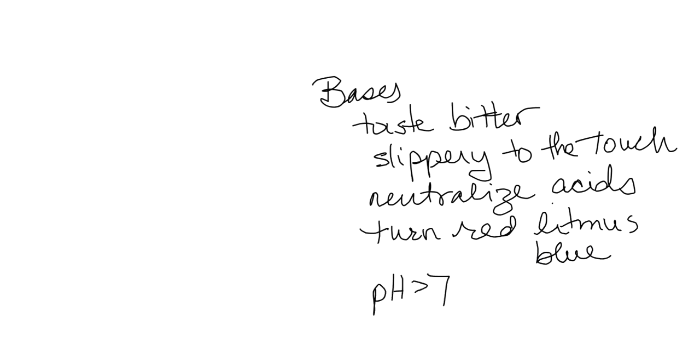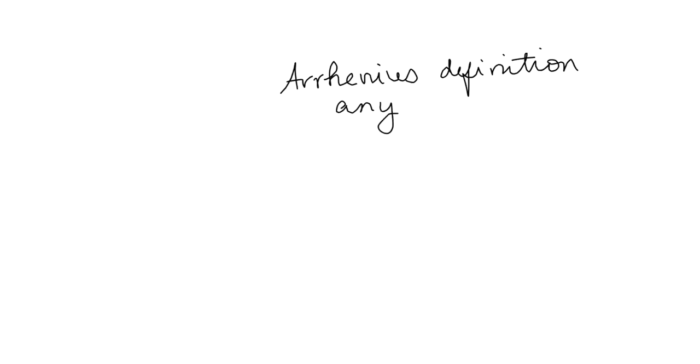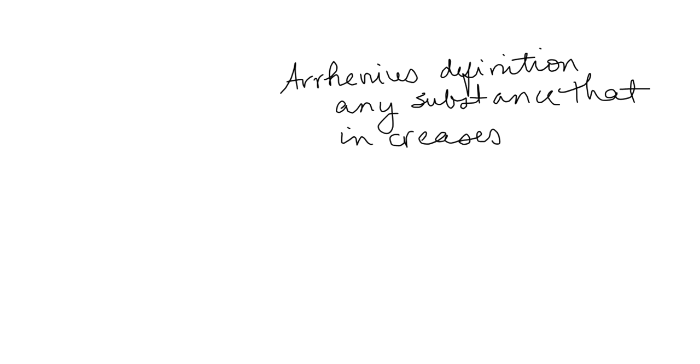Okay. Now let's talk about definitions more along the molecular level. So the first definition we'll go through is the Arrhenius definition. Arrhenius defined an acid as any substance that increases the H plus concentration when dissolved in water.